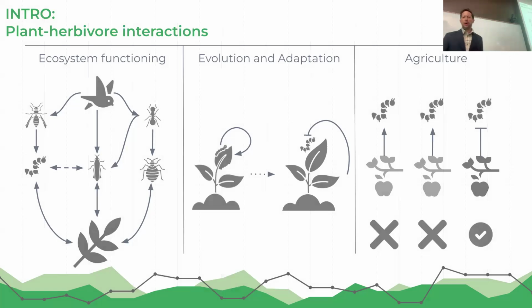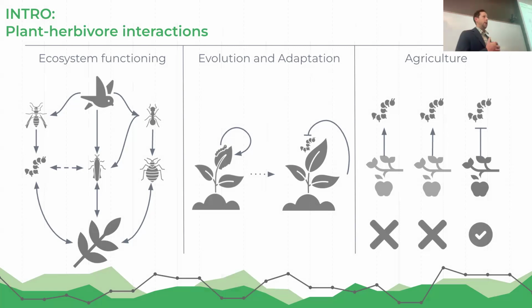When it comes to plant-herbivore interactions, three of the many avenues that are pursued concern ecosystem functioning. In this first panel on the left, you can see a stereotypical food web of sorts.